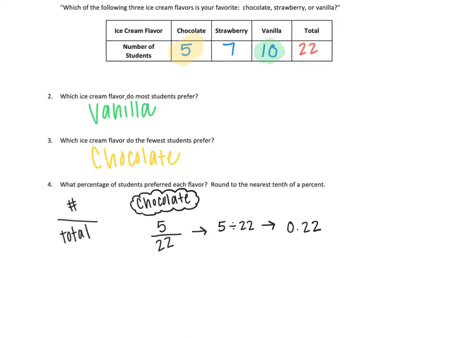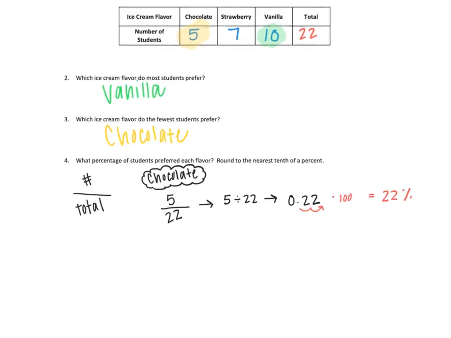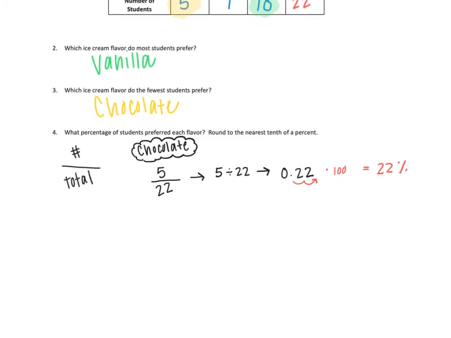From there, we are going to turn this into a percent. All we have to do is times it by 100, which just means you're moving this decimal over twice. And this is 22%. I don't know if you remember this from 7th grade, but we're going to do it a few times here. We're going to do it for strawberry and vanilla. So just make sure you have it down.